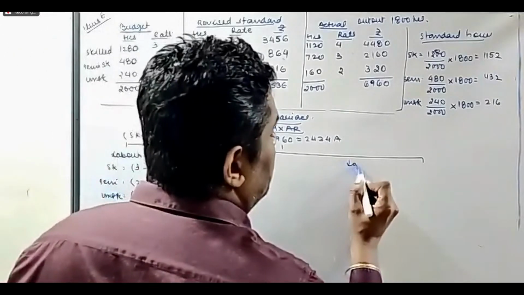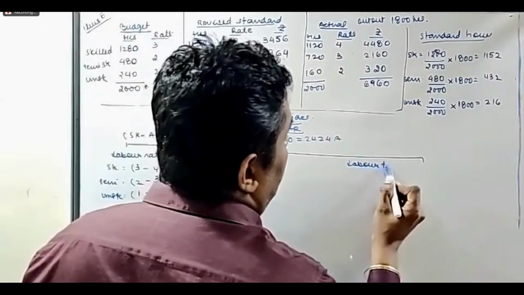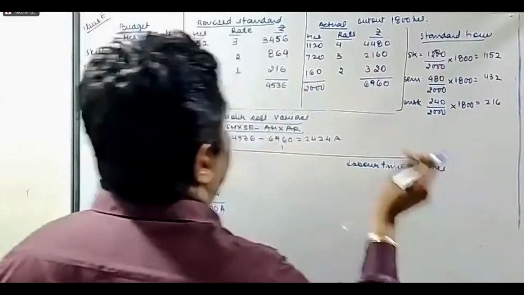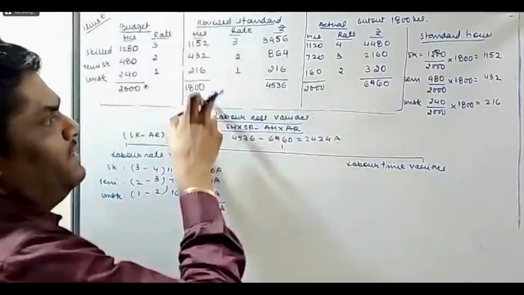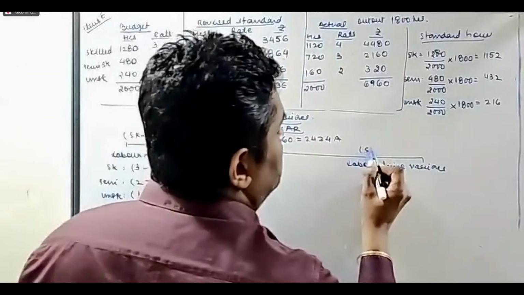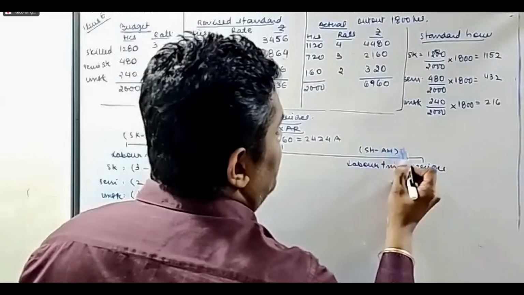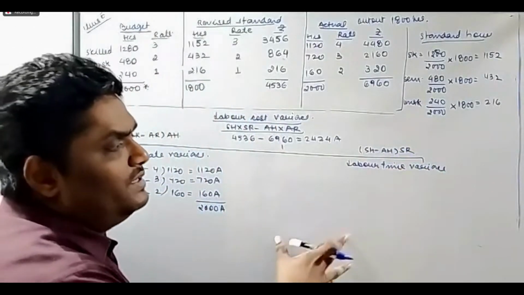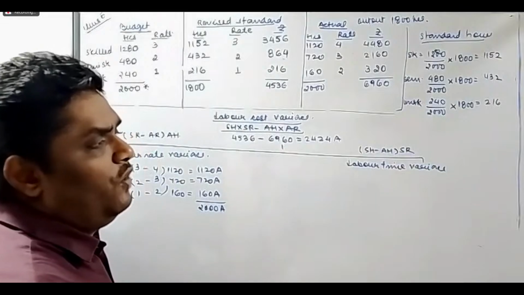Further, the work was supposed to be completed in this time, but we took this time into standard rate. So standard hours minus actual hours into standard rate. Again, these formulas I have already discussed. Don't try to memorize the formulas.